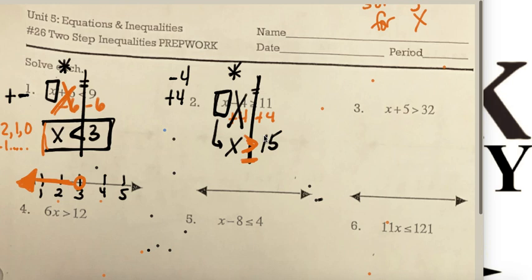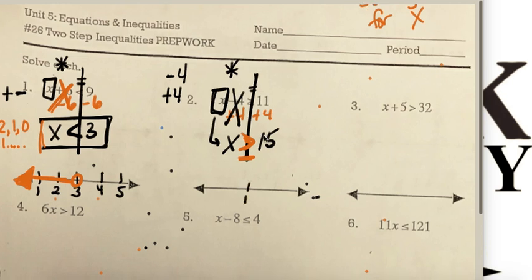So on my number line, I'm going to start with 15. I'm going to put 16, 17, 14, 13. I'm going to do a closed dot that shows that 15 could be x. So x could be 15. Now, which way am I going to go? Am I going to shade towards the 16 or am I going to shade towards the 14?